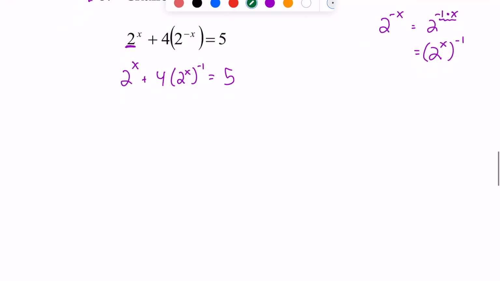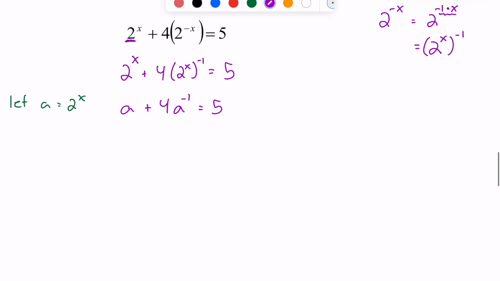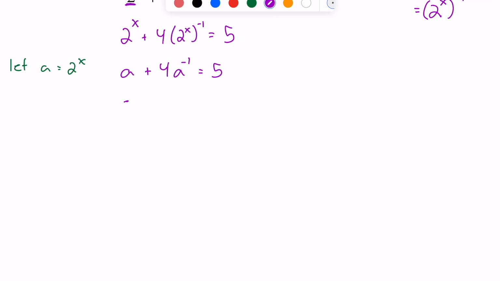So let's substitute. Let's let a equal 2 to the x, just because it makes it a little easier to look at, and you might see where we can go then. So a plus 4a to the negative 1 equaling 5. Well, a to the negative 1, that's the same thing as me saying a plus 4 over a equaling 5.